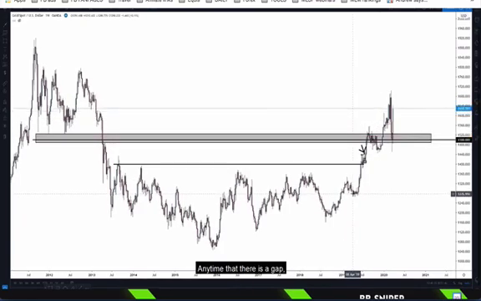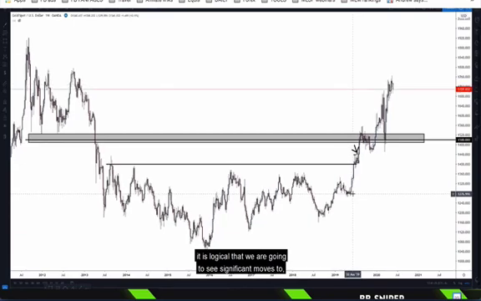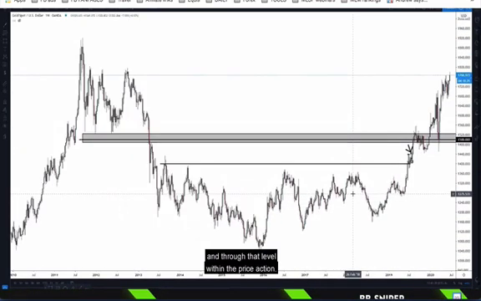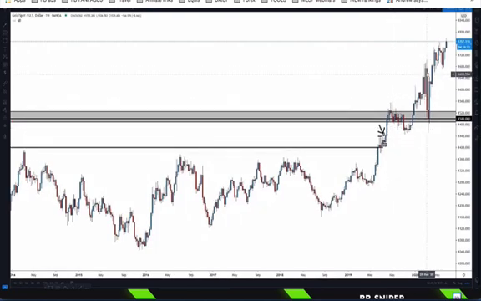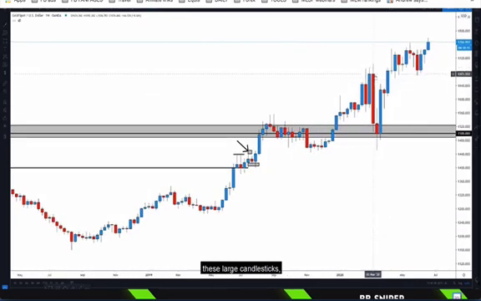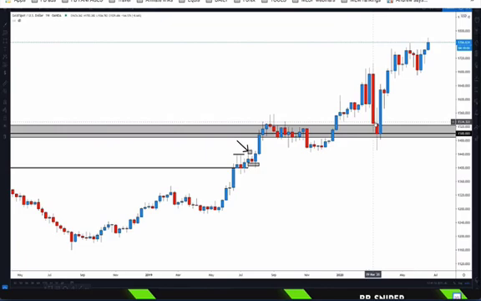Anytime that there is a gap, it is logical that we are going to see significant moves to and through that level within the price action. And we can agree that these levels of volatility, these large candlesticks, thousands of potential opportunities.